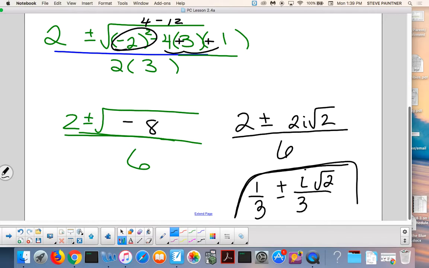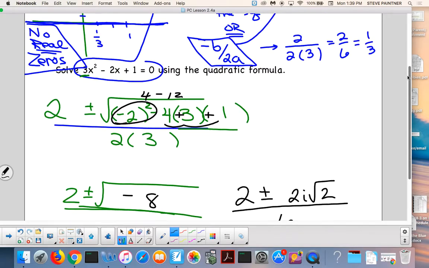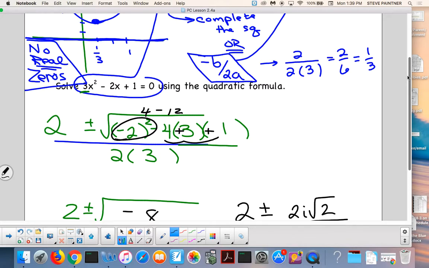You know what these are? These are your zeros. If you put these two solutions into x and you do exactly what it says to do, if I put those answers right here, 3 times x squared minus 2 times x plus 1, if I put those imaginary numbers here, I'll get 0. I'm not going to do it, but I will get it. But I want to show you something.